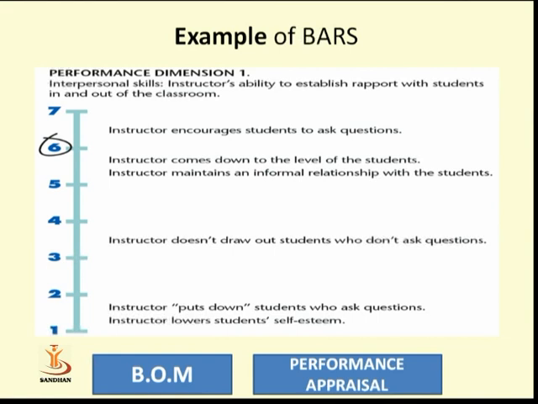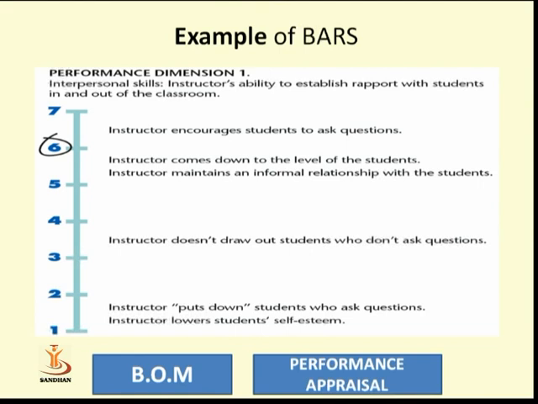Here is an example of BARS where the performance gets measured. For example, interpersonal skills: whether the instructor has the ability to establish rapport with the students in and out of the classroom or not. This is the criterion, measured on a 7-point scale starting with 1, 2, 3, 4, 5, 6.